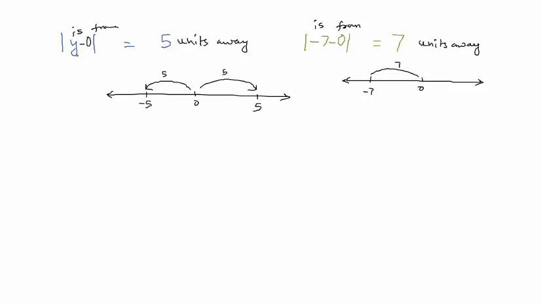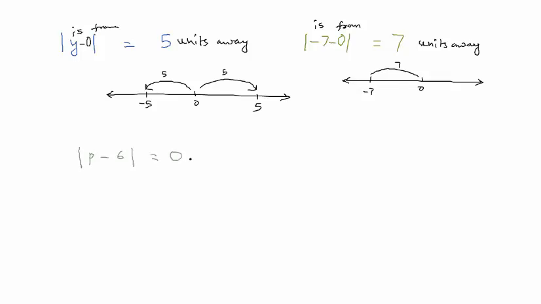It may seem pretty obvious from the two equations we solved that the absolute value equation, when solved, will always give you two answers. Is it really so? Let's think about the equation absolute value of, let's say, p minus 6 is equal to 0.